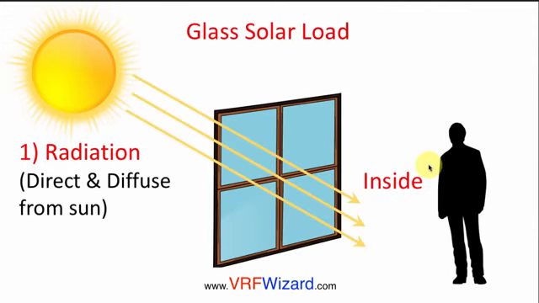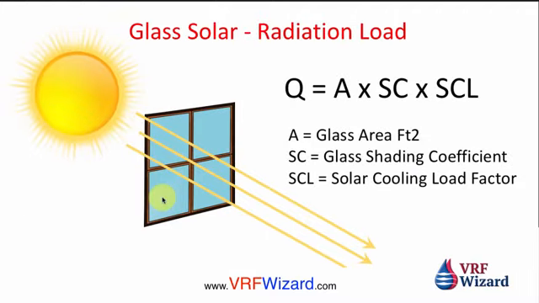The other way is radiation, direct and diffuse from the sun. So their equation is a little different. Q again is your BTUs, which we're trying to determine. It's based on how many square feet of glass times your glass shading coefficient, which ASHRAE has in the book for those of you using ASHRAE.